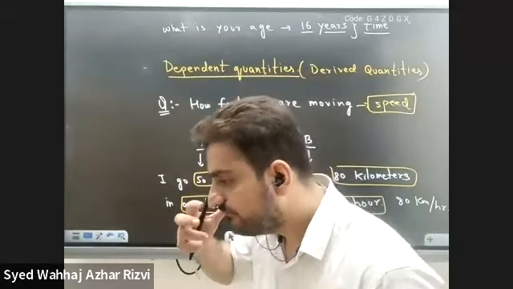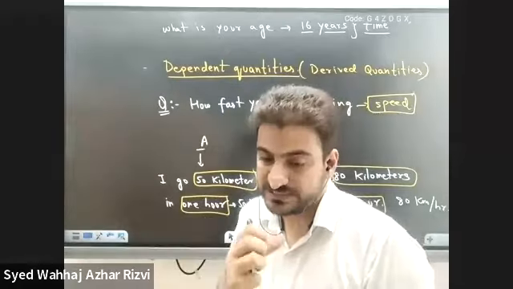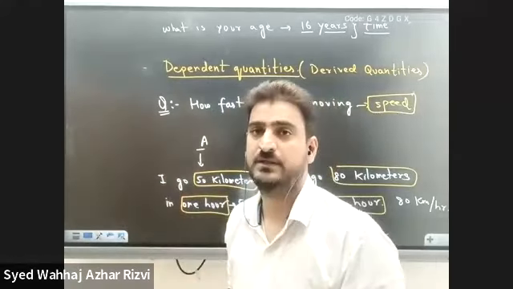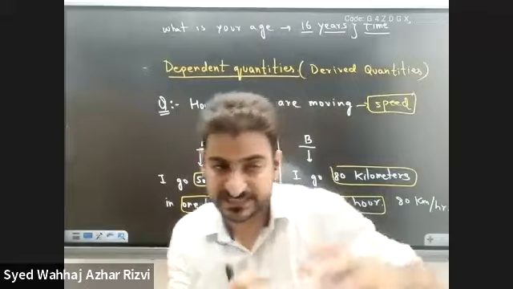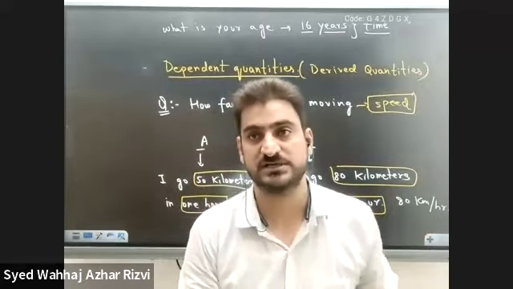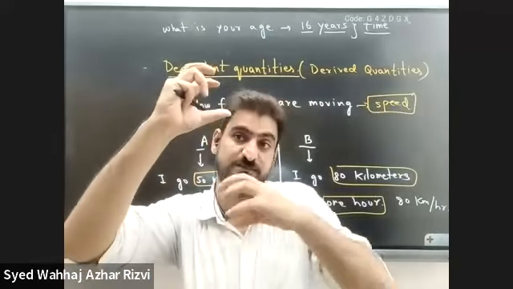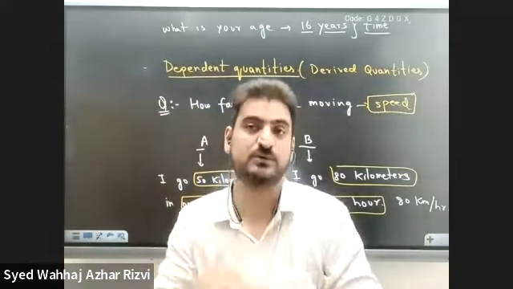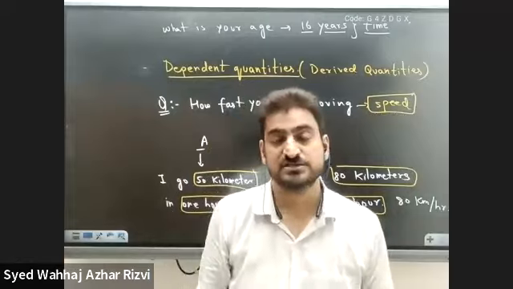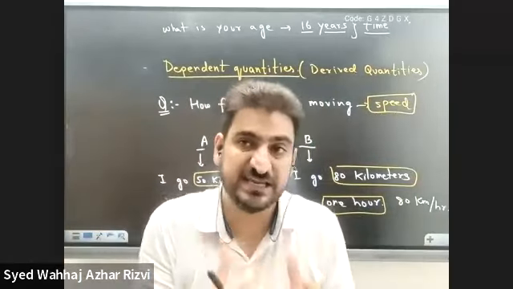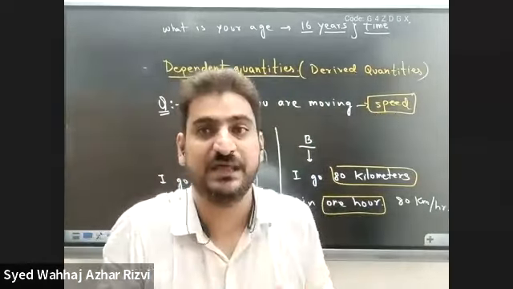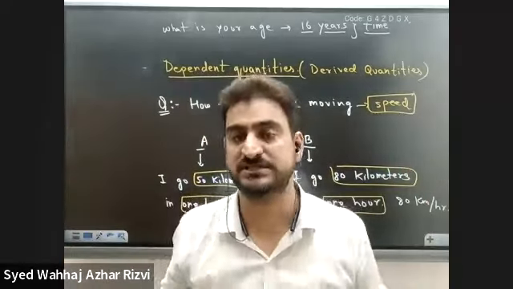So the value of speed is actually dependent upon the time, which is a different physical quantity, and the distance, which is a different physical quantity. You have to find out these two quantities, then divide one quantity by another, and then you are going to get the value of speed. So we can't really talk and think about speed independently without thinking about any other quantity.